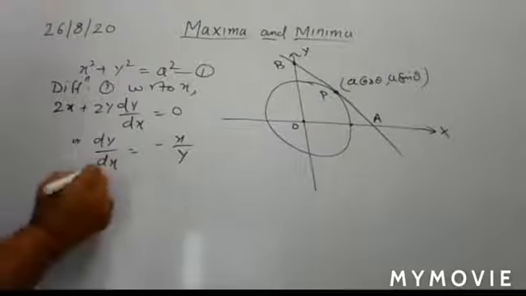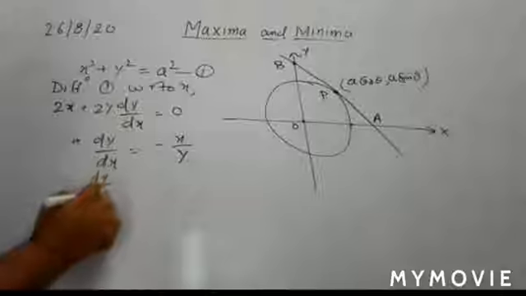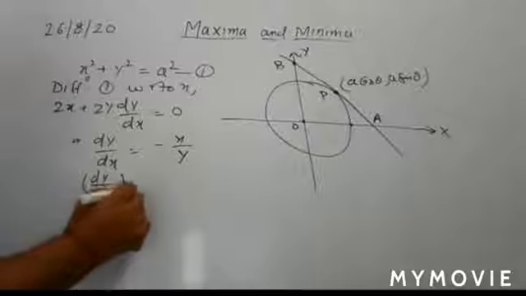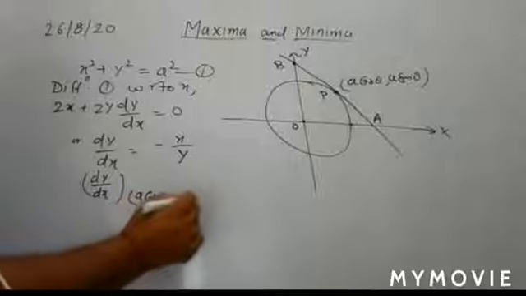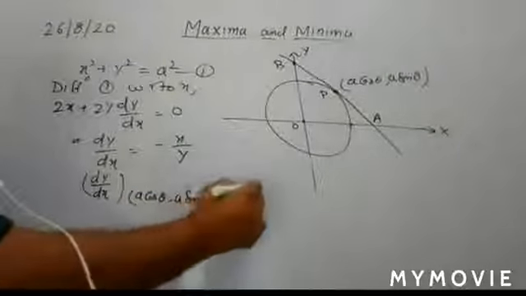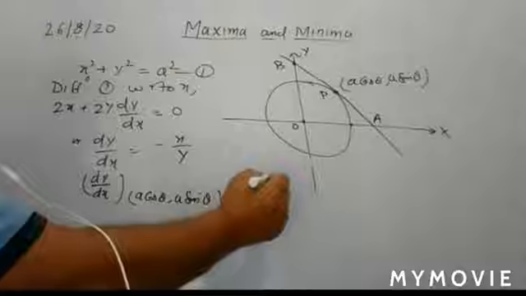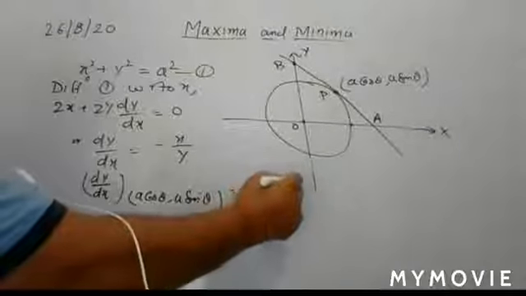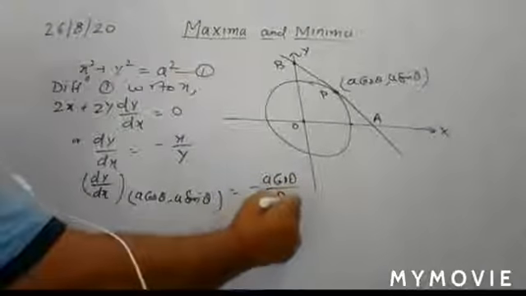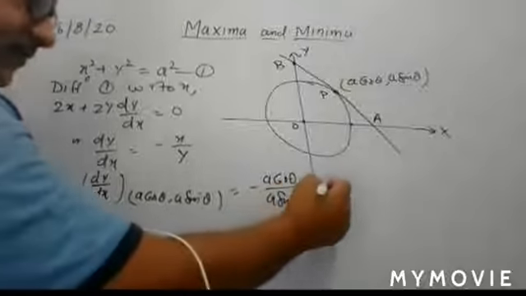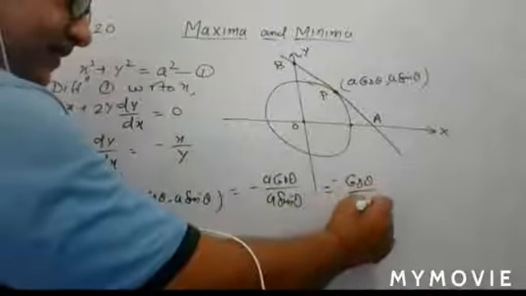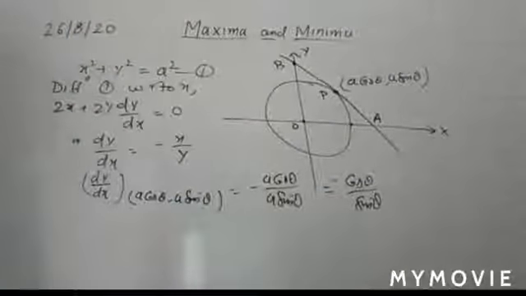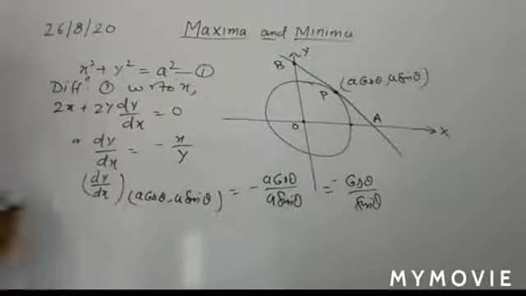Now you find the value of dy by dx at the given point a cos theta, a sin theta. That is equal to minus a cos theta upon a sin theta, which we also write as minus cos theta upon sin theta.